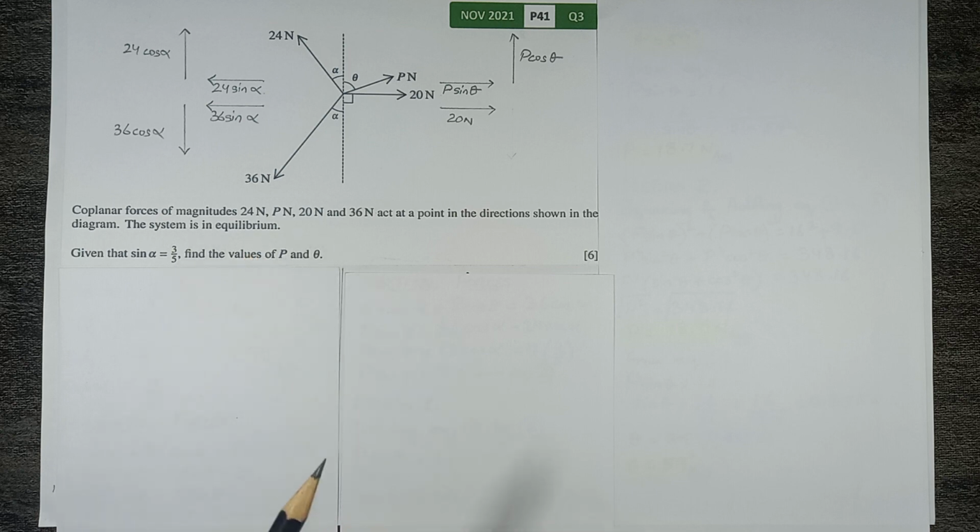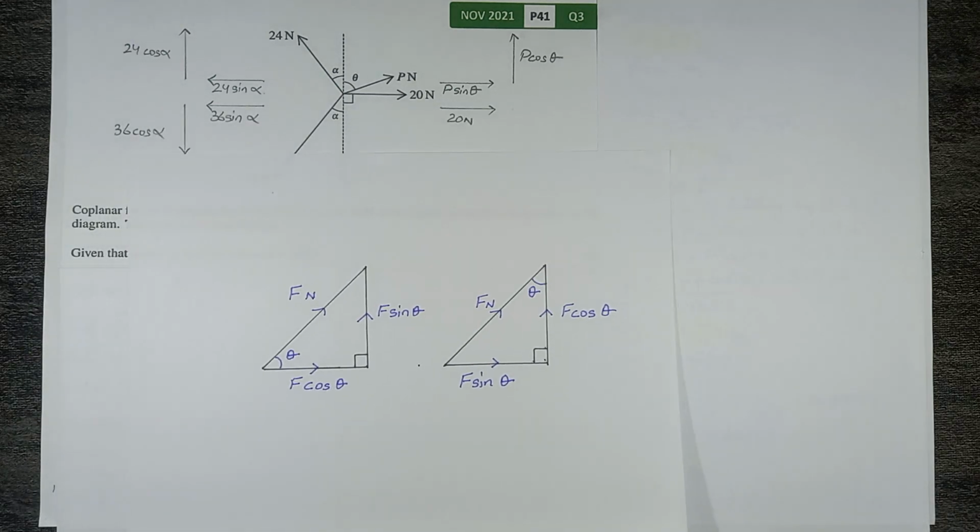And opposite forces are equal means the opposite horizontal forces are equal as well as the opposite vertical forces are equal. For that, definitely we have to split up the horizontal components and the vertical components of the given forces. But before that, we should understand what the components are.